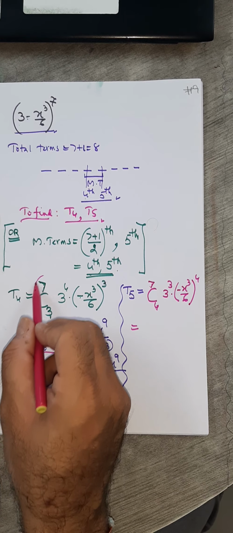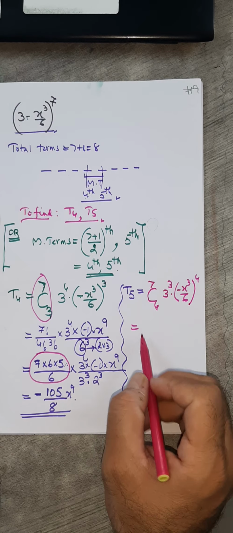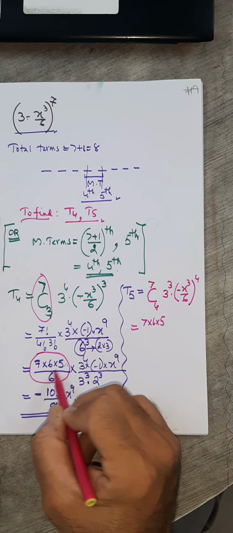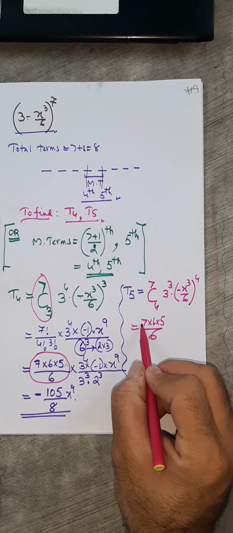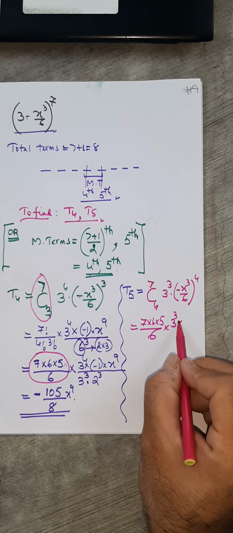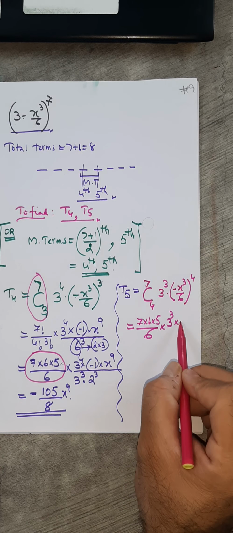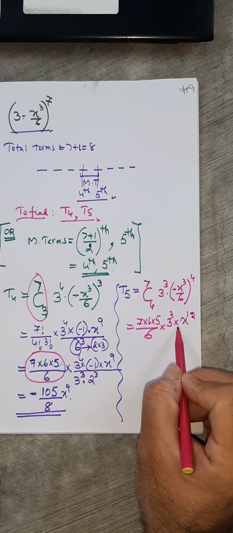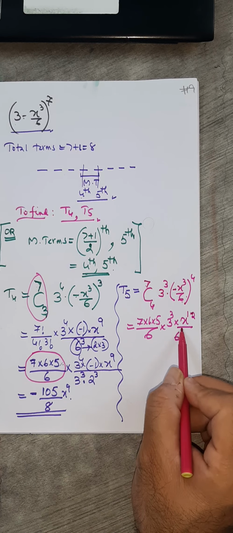These two are equal, you must be knowing. 7C3 is the same as 7C4. So 7 into 6 into 5 upon 6. I wrote this directly. Into 3 cube as it is. This is an even power, so minus 1 doesn't play any role. x raised to 12 here, upon 6 raised to 4.